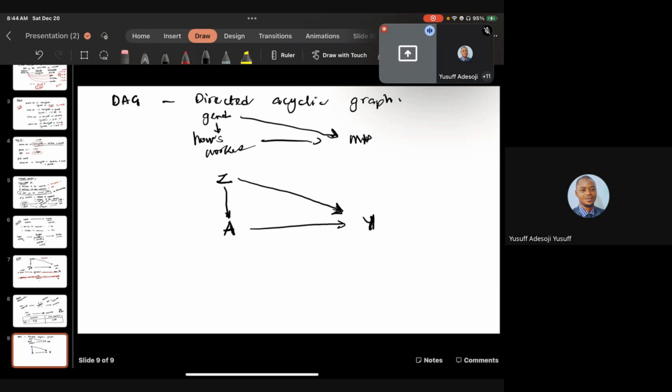So, key point to take away. When you look at a DAG, you can tell whether a variable is a confounder or not. Based on the DAG, we have another definition of what a confounder is, which is a common cause.